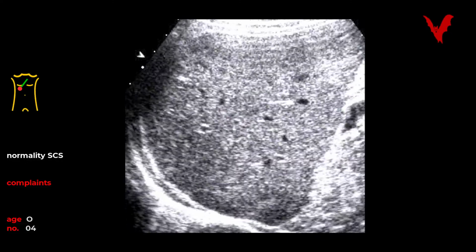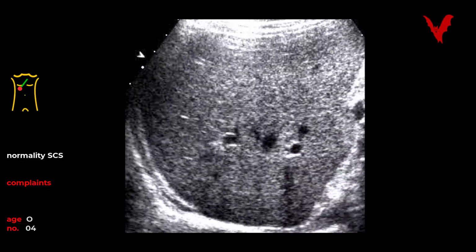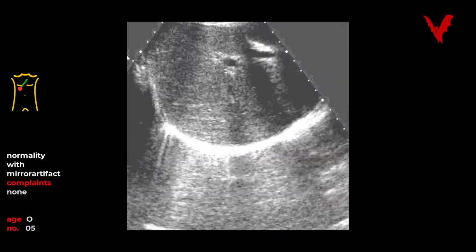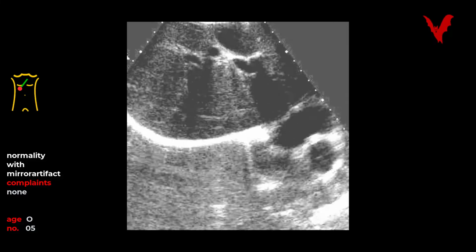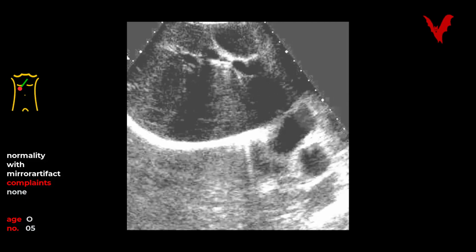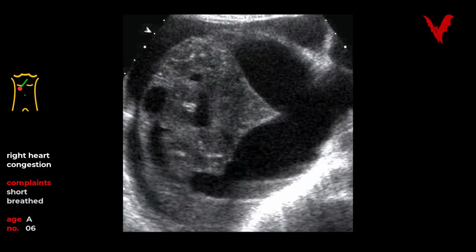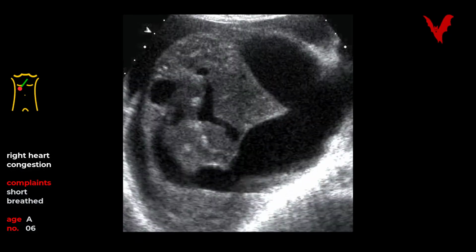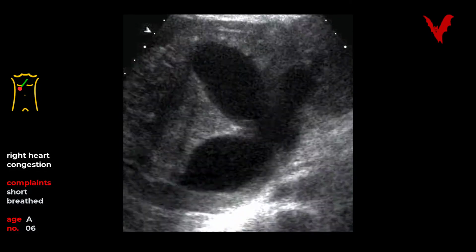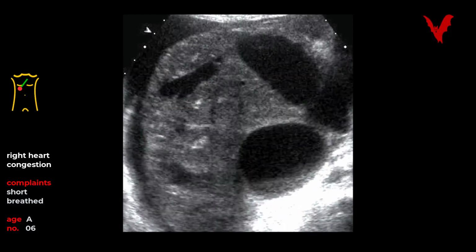Figure 4 is a normal subcostal section with right liver lobe and diaphragm, whereas figure 5 is another normal SCS with a mirror artifact above the air-filled right lung. Figure 6 is a frequent pathology, right heart failure with distended veins. We come back to that at the end of the contribution.